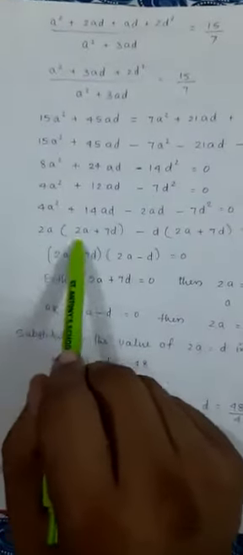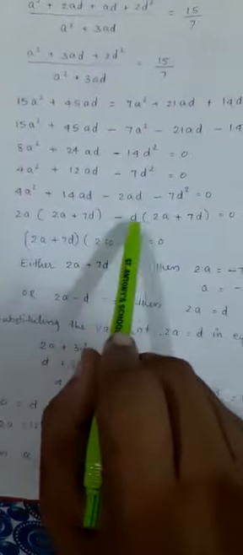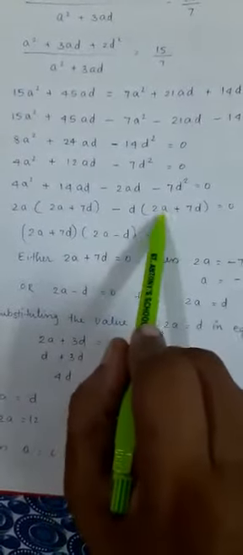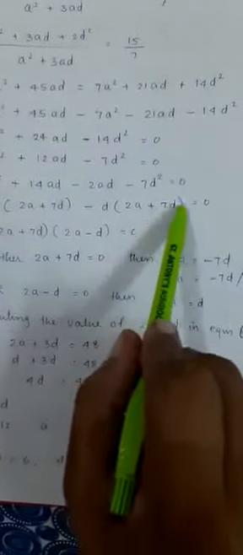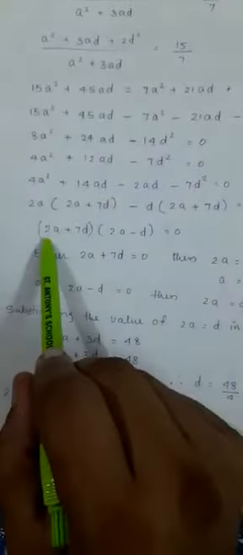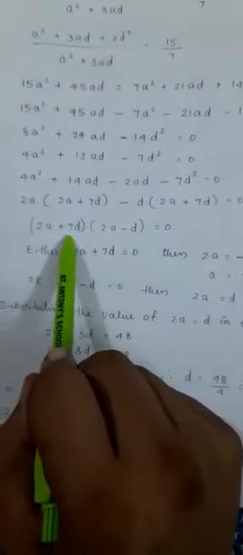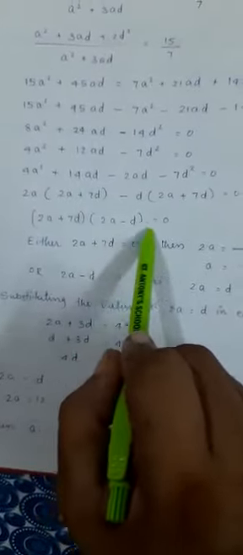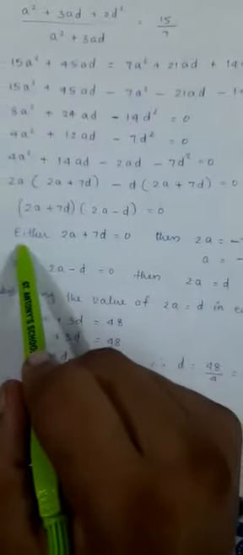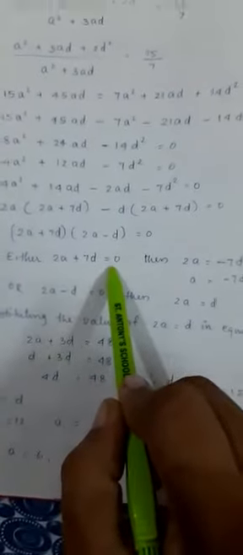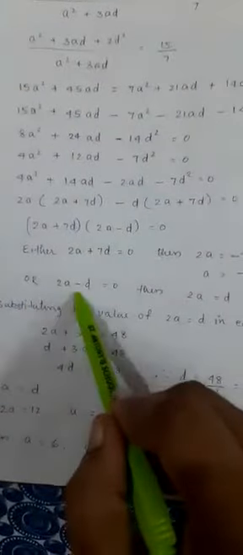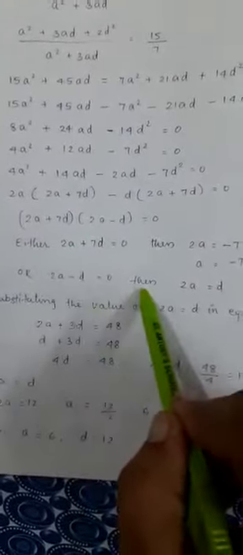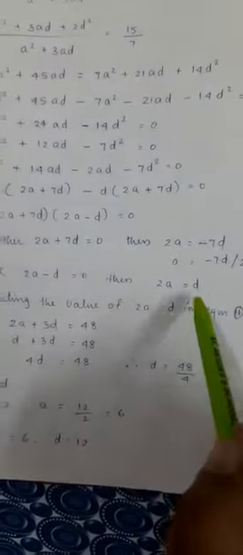Taking the common term, 2a into 2a plus 7d minus d into 2a plus 7d equal to 0. That is 2a plus 7d into 2a minus d equal to 0. Which means either 2a plus 7d equal to 0, then 2a is equal to minus 7d, or 2a minus d equal to 0, then 2a is equal to d.